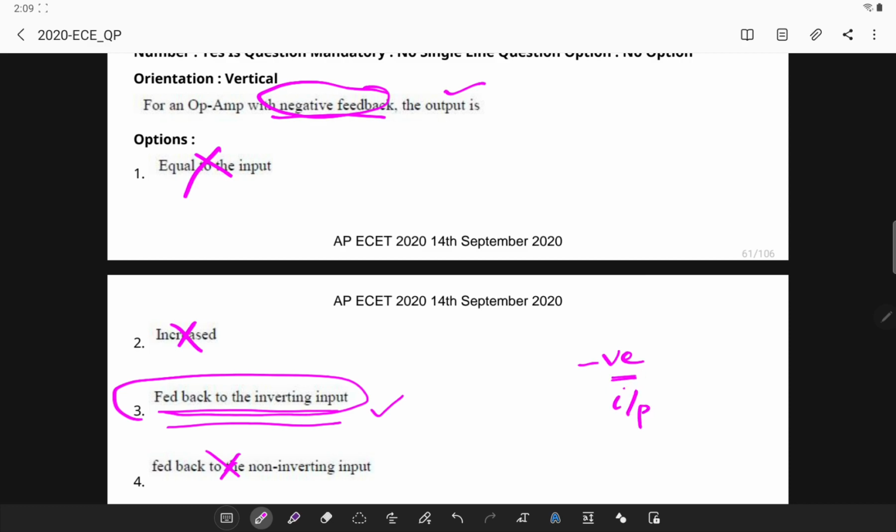So in this case, with negative feedback, the output is fed back to the inverting input, because if you give input at the negative terminal, you will get an output which is minus RF by RI into input.